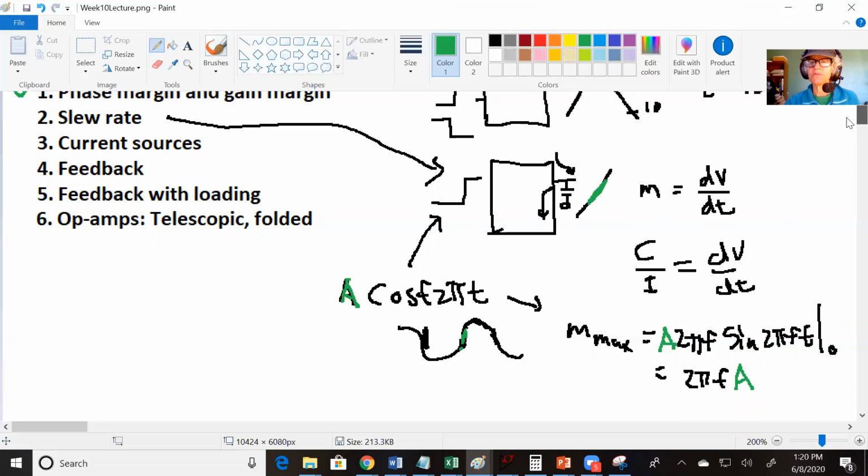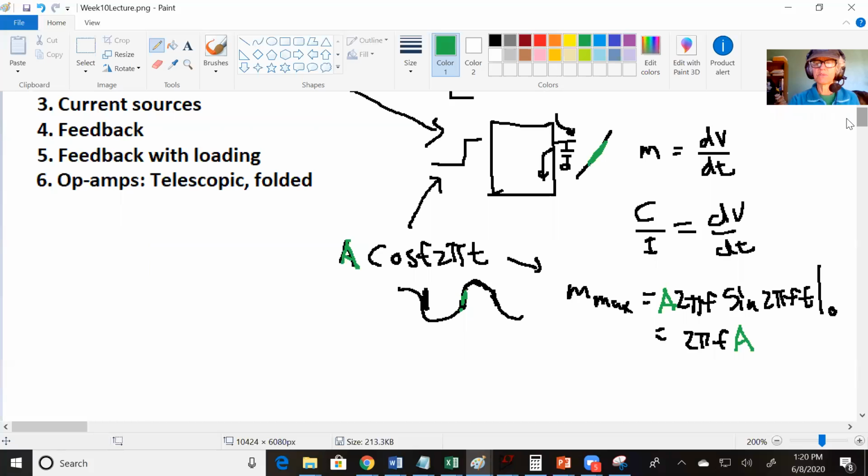If you set those equal to each other, the steepest slope your circuit can give, which is slew rate, has to be greater than or equal to 2 pi f A. For this particular sine wave, this is the steepest slope you'll see on it.